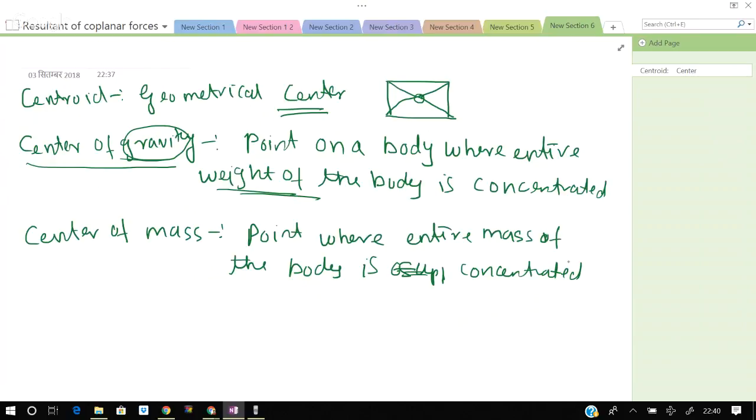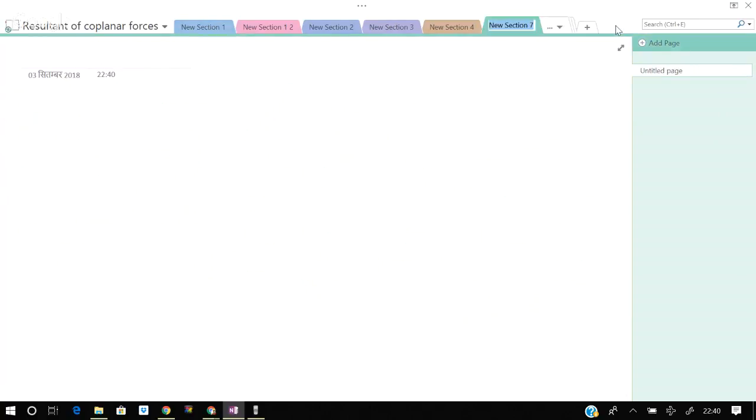So once we have got into these definitions, we'll proceed further, definitions after definitions, to the centroid of a few physical quantities. To study the centroid of a few physical quantities, we'll first divide that into a few sections.